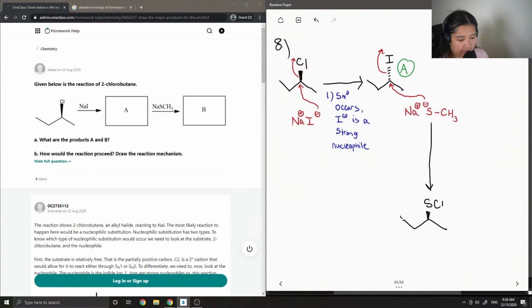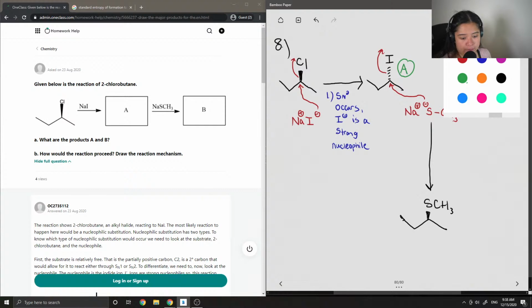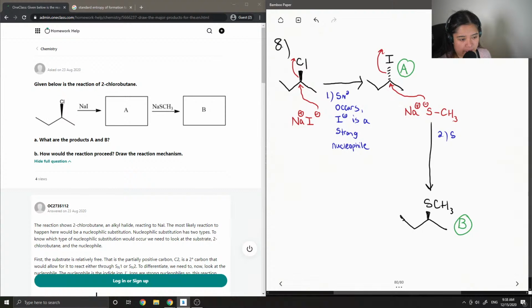And we're left with a sulfur methyl group. Okay, so this is product B. And then we can say that another SN2 reaction occurs.